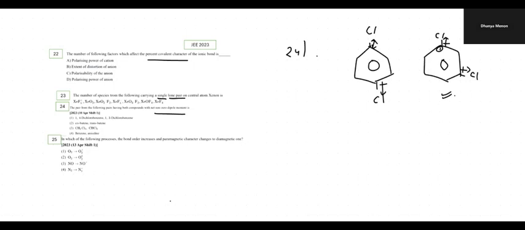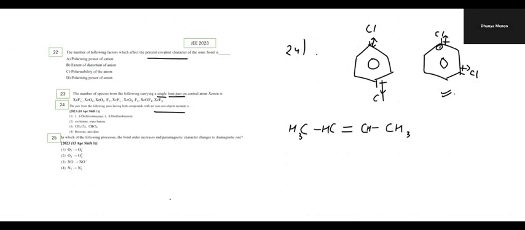Cis-butene and trans-butene. This is 1, 2, 3, 4, cis-butene. So this is our butene structure.